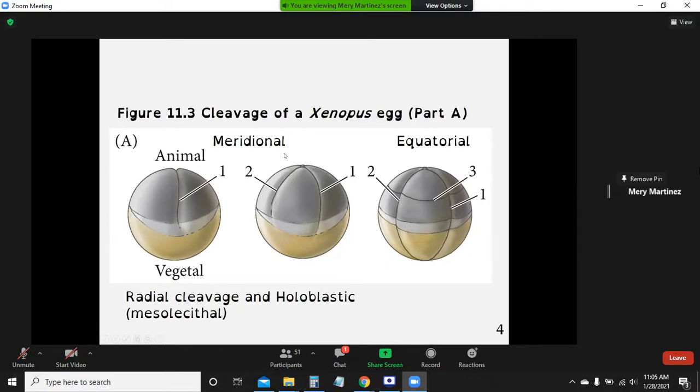Now, because amphibian eggs are mesolecithal, remember we defined them, that contains more yolk, right? Compared to the sea urchin egg, meso, medium, okay? We see that the second cleavage starts before the first one has reached the vegetal pole.